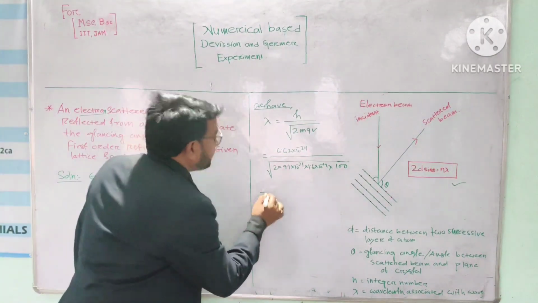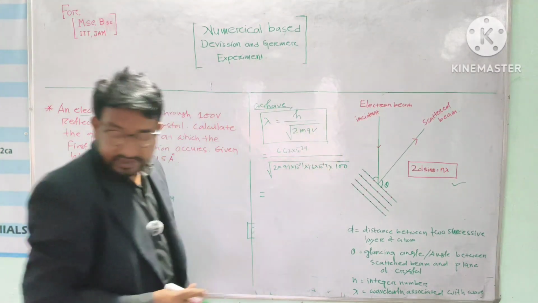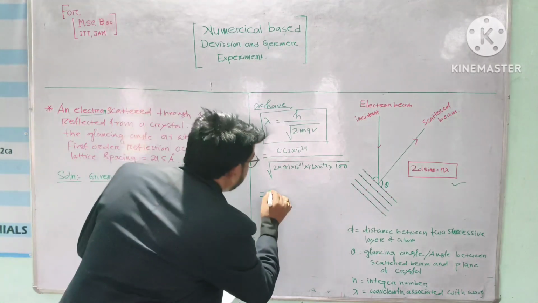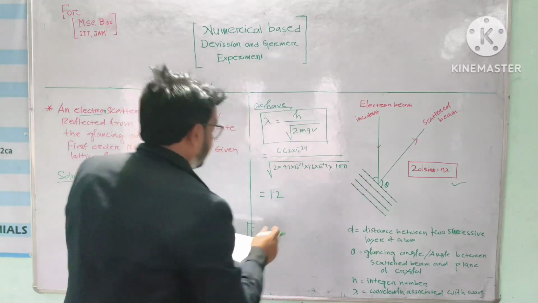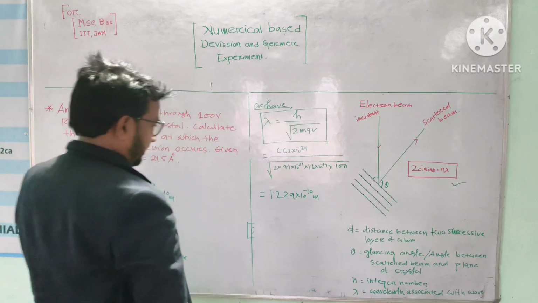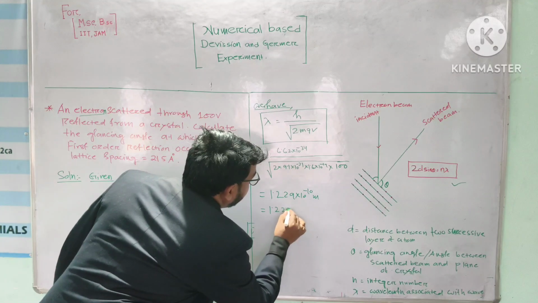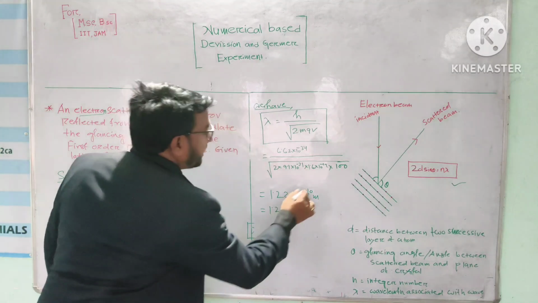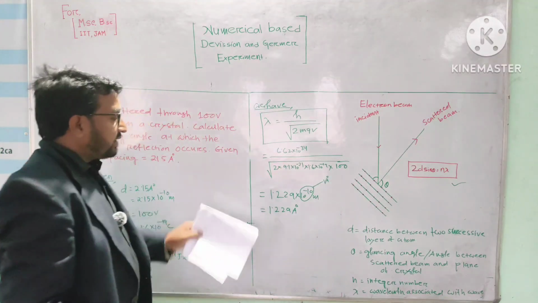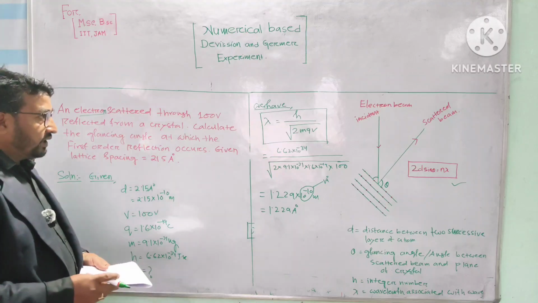After solving this part, we will get 1.229 into 10 to the power minus 10 meter, and this is equal to 1.229 angstrom, because we know that 10 to the power minus 10 meter equals 1 angstrom. Okay, now we are going to find out the glancing angle.